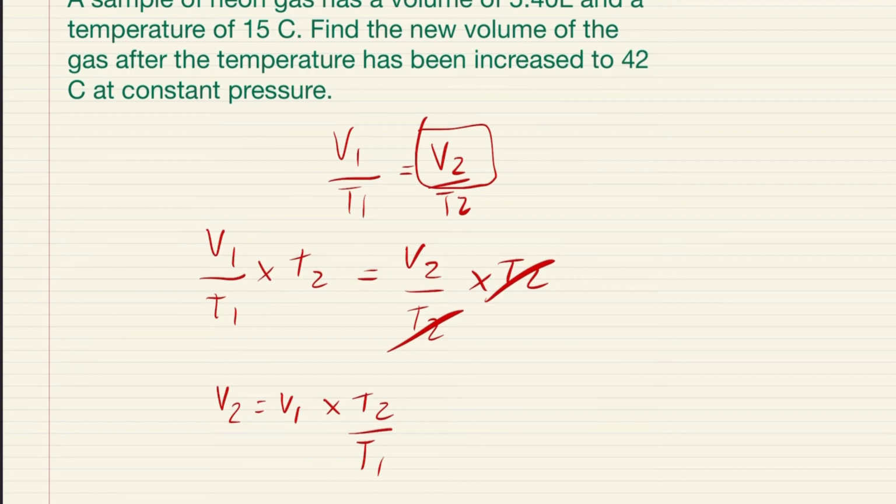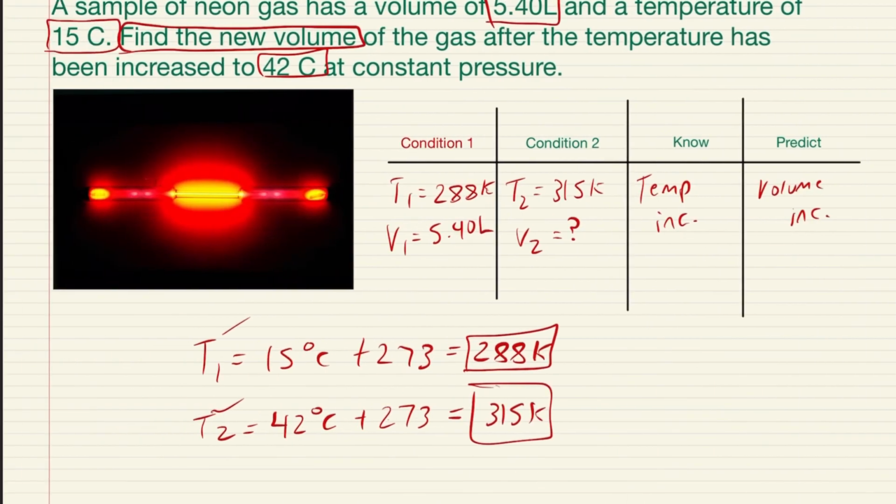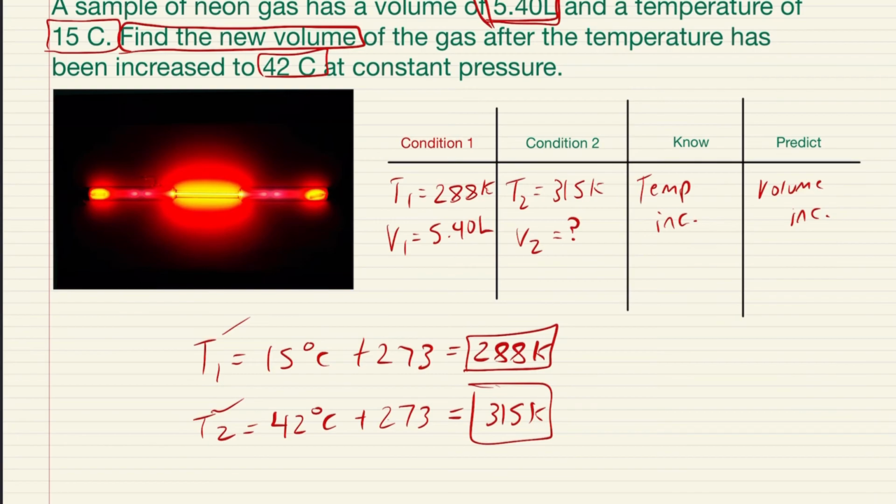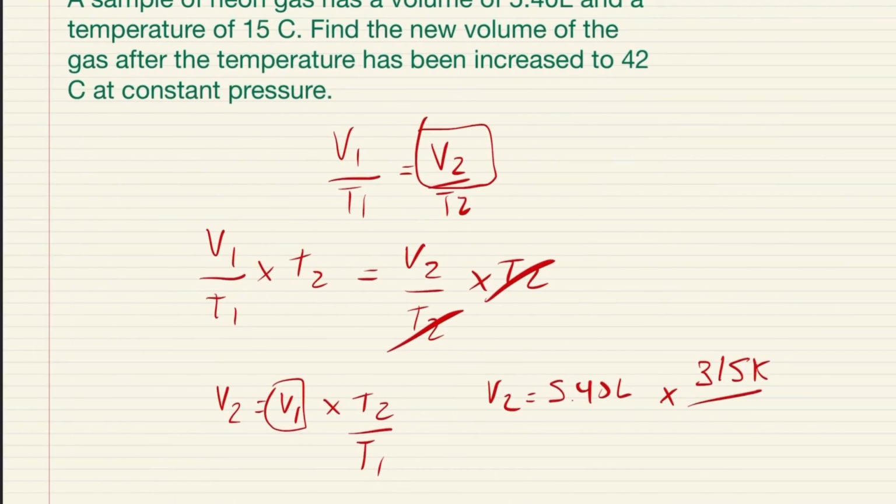So now we can do our plug and play. We know V2 equals V1, and our V1 is 5.4 liters, times T2 over T1. We said that T2 was 315 Kelvin, and our T1 is 288.